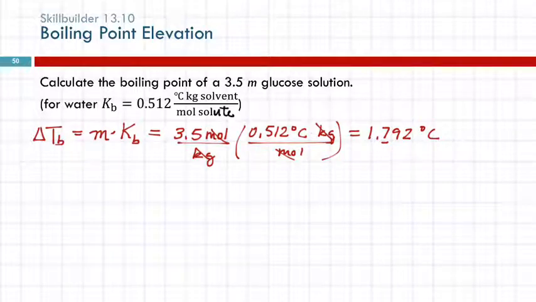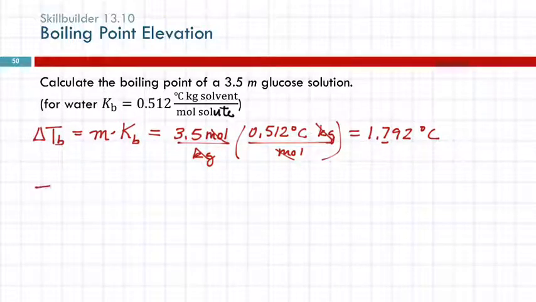Does that mean the boiling point is 1.792? No. Water doesn't boil at 1.792 degrees Celsius, even if you put some sugar in it. That's the change. The boiling point goes up.